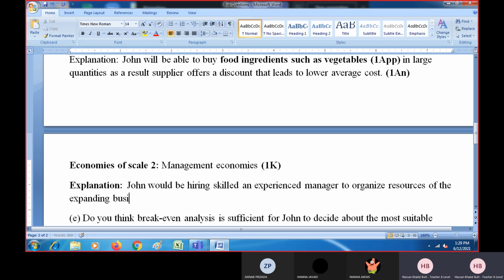I wrote that, but still it's not fully developed, and even there is no context used here in the explanation as well. So I'm going to use that as well. Okay.